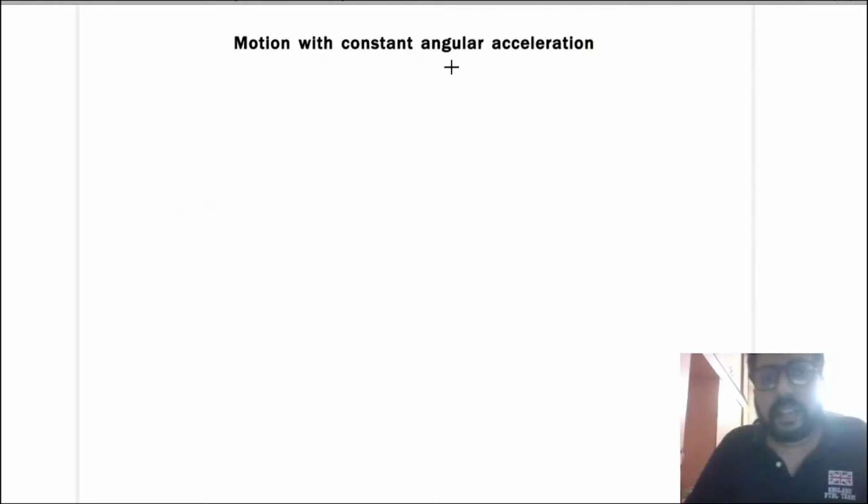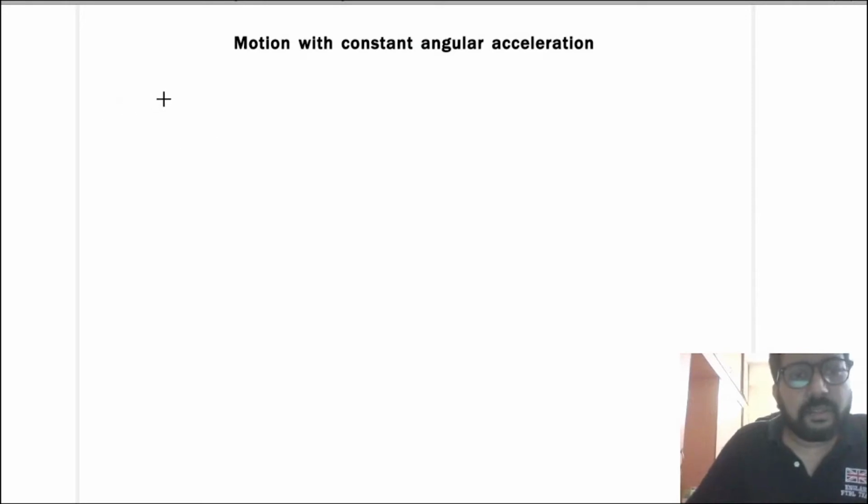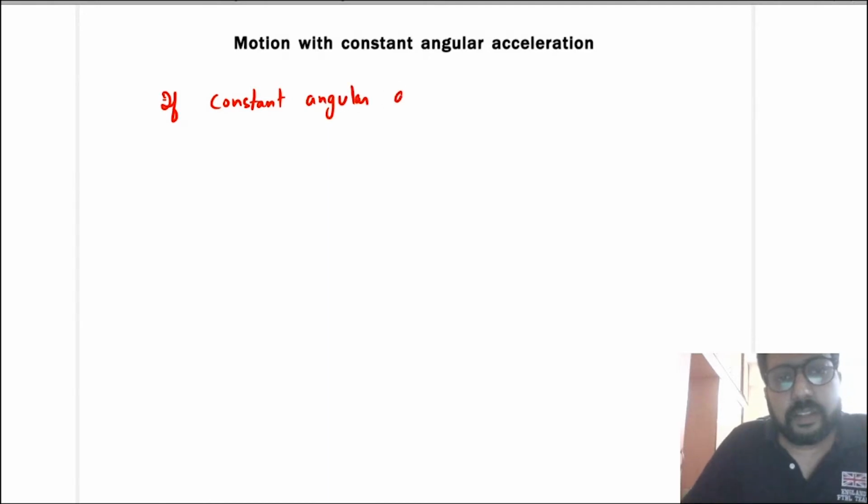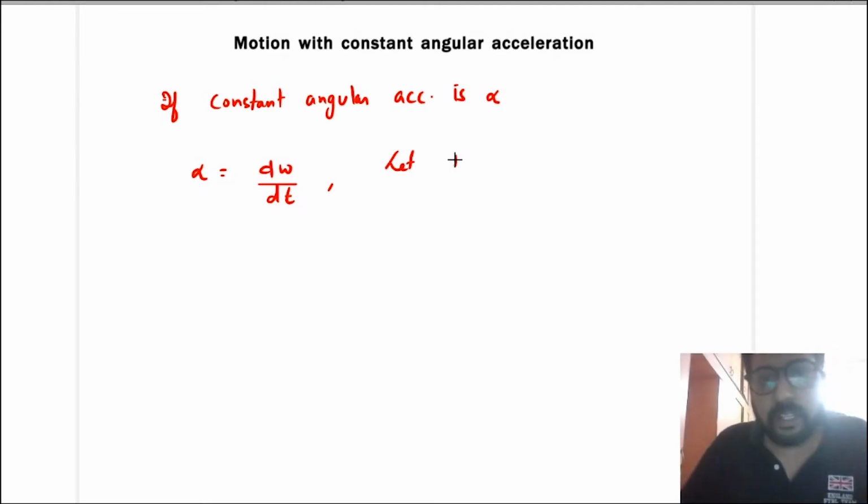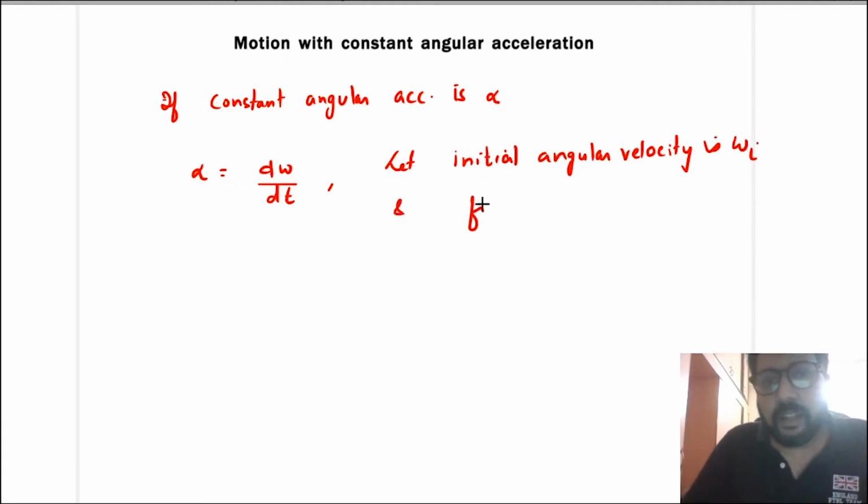Now if there is constant angular acceleration, say the constant angular acceleration is alpha, in that case you can write alpha is equal to d omega upon dt, and let the initial angular velocity be omega I, and the final angular velocity be omega f.